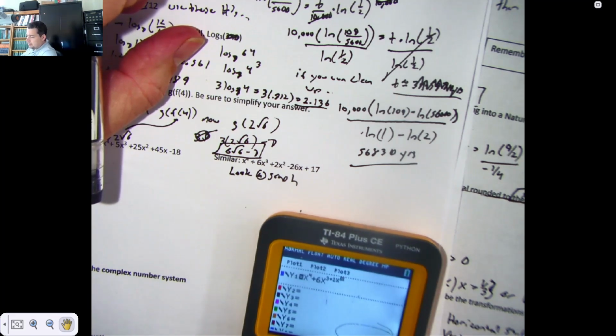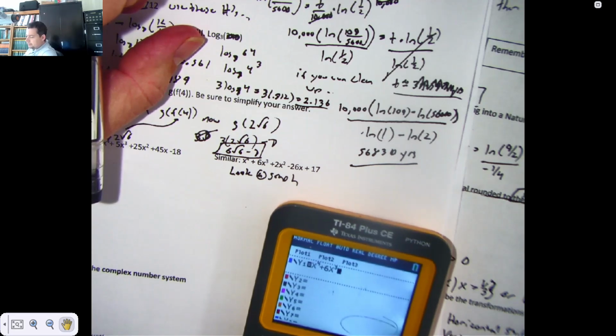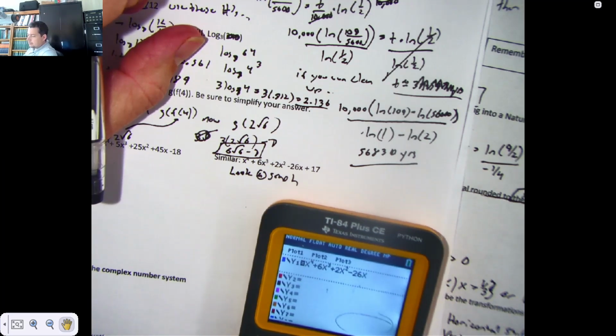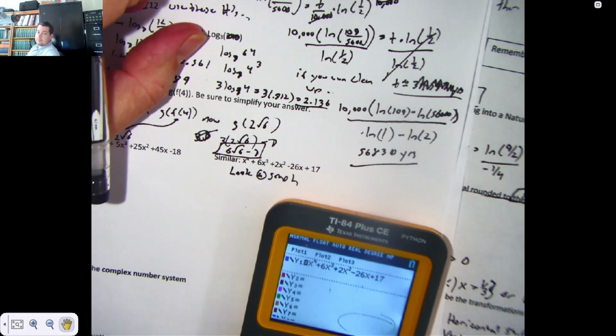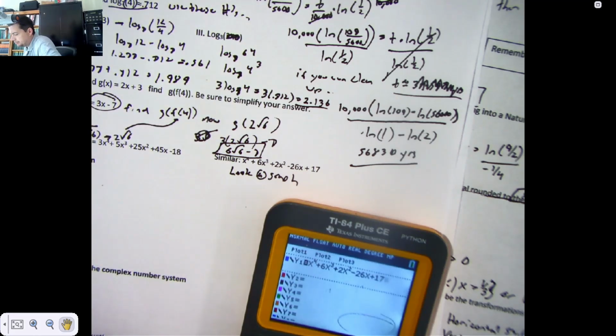Oop, I'm also going to pay attention to what I'm typing in the calculator. I don't know if you were paying attention to what I did, but I wasn't paying attention to where my exponent was. Hit her with a good old Zoom 6.